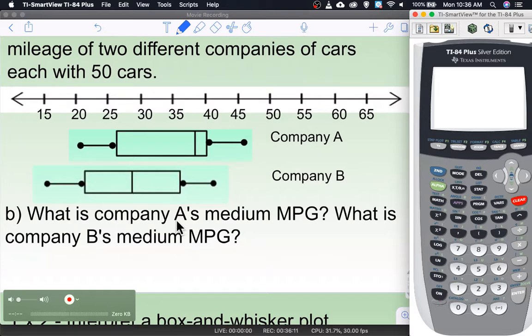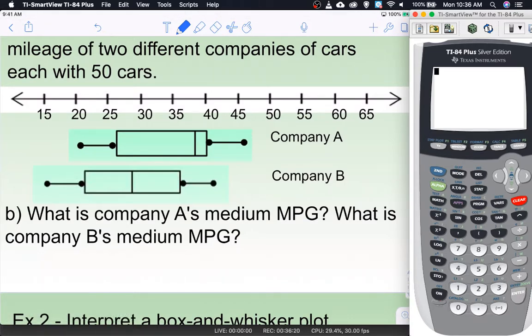What is Company A's median miles per gallon, and what is Company B's median miles per gallon? Well, Company A's median is about 38.